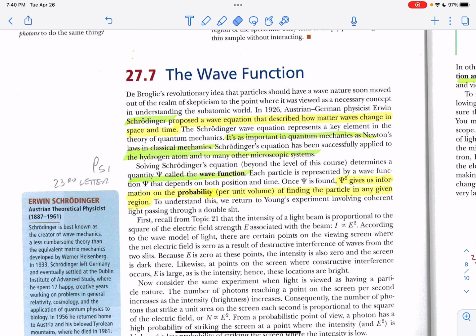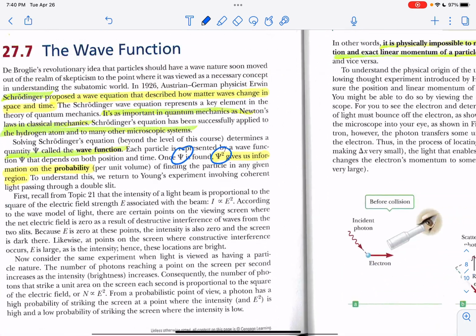And it turns out that the wave function is designated by the letter psi, but it's psi squared that is actually a calculation of the probability of finding that electron in that particular region. And I talk more about this in chapter 28.